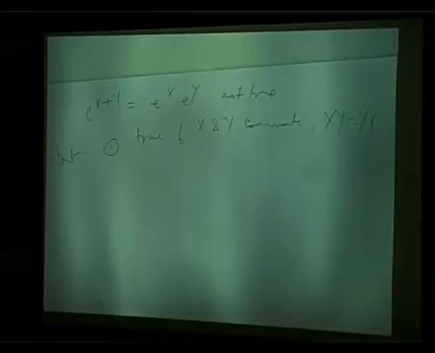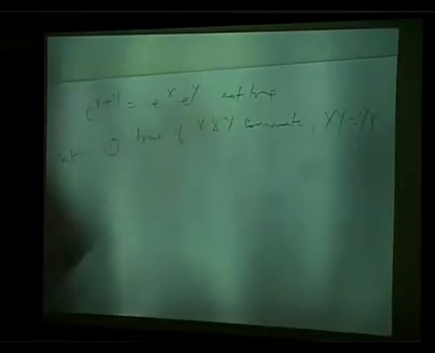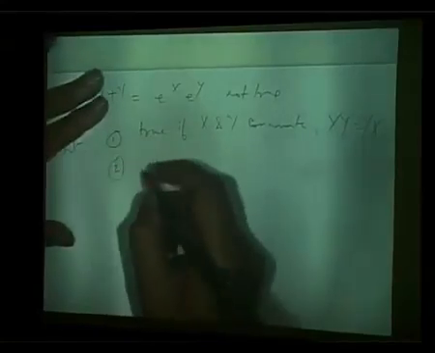You prove that e power x plus y, where x and y are numbers, is e power x times e power y. The same proof can be adapted to prove that this holds whenever x and y are matrices which commute. Okay. If they don't commute, what can you do in general?